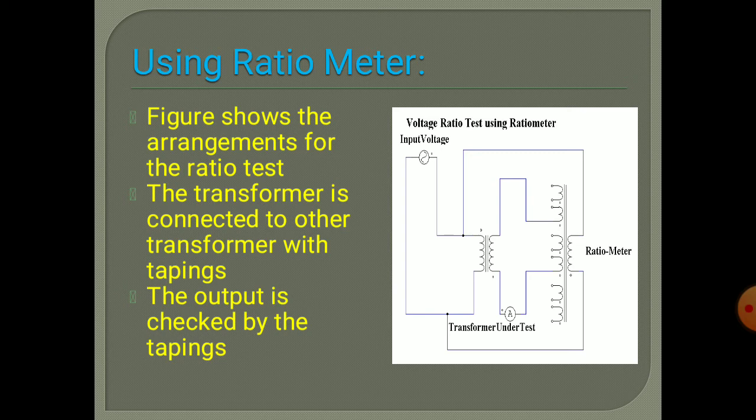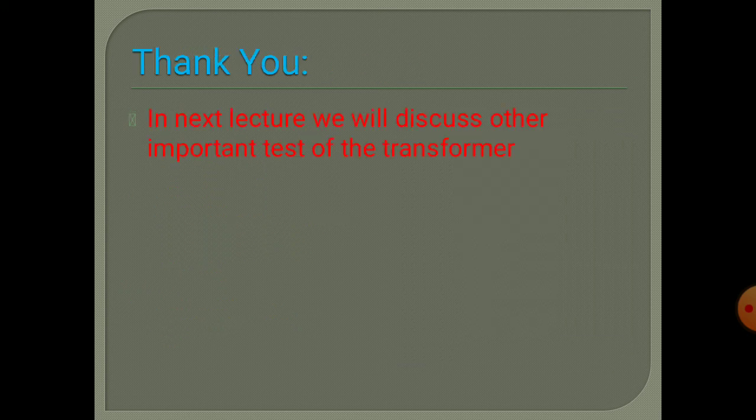By that, with the voltage we have applied on the input side and the current taken from the secondary side, we can find out the ratio of the transformer. So this is all about the voltage ratio measurement of the transformer.